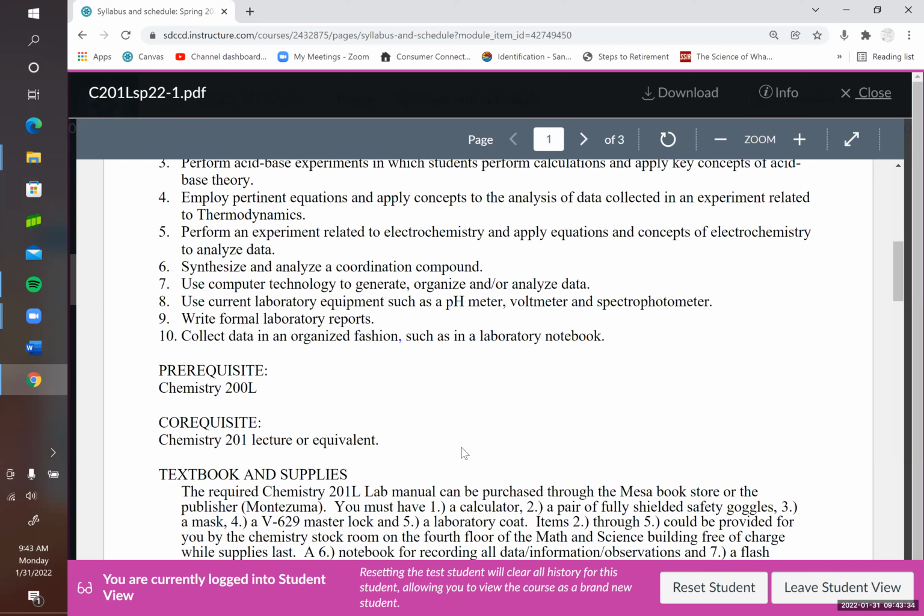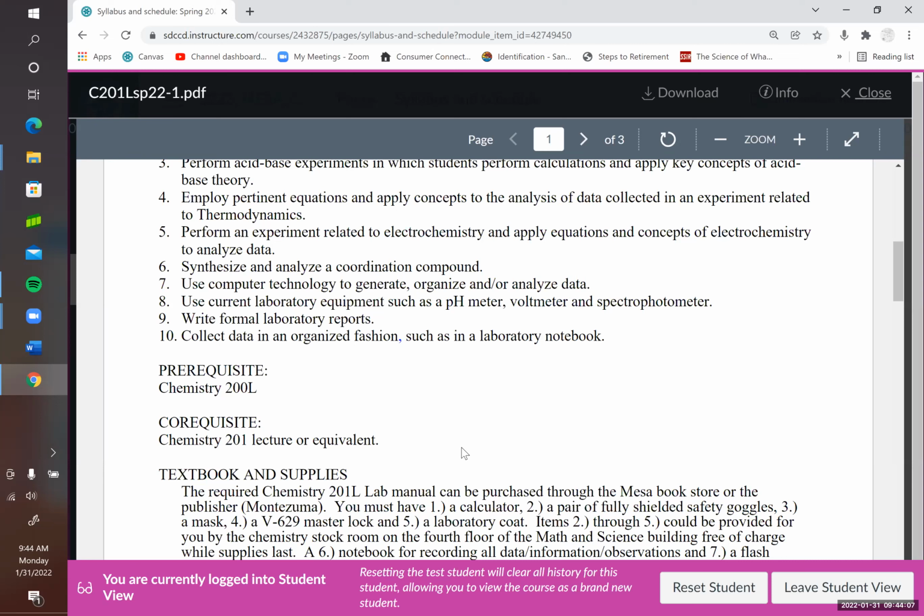That's okay. Like I said, the first lab that we're going to be doing is not really a lab per se. It's a computer exercise. And then the first lab that we get into is a kinetics experiment. And remember that all these labs are designed to go hand in hand with our lecture course here at Mesa.